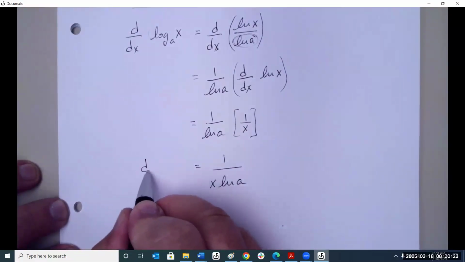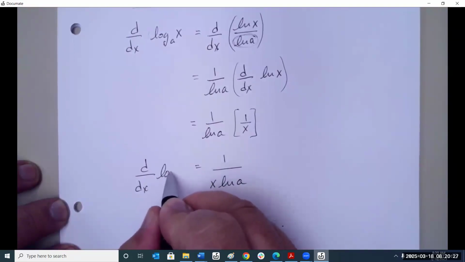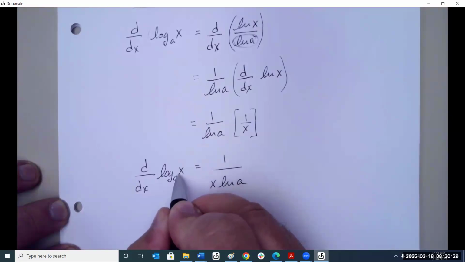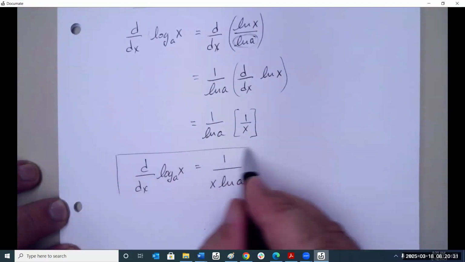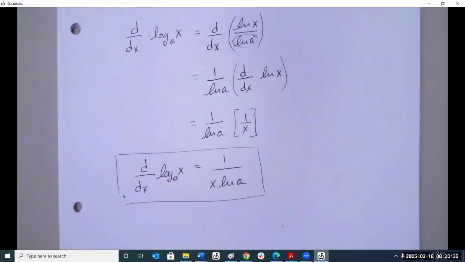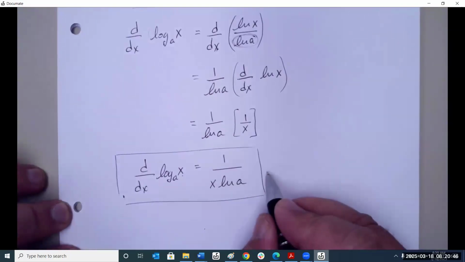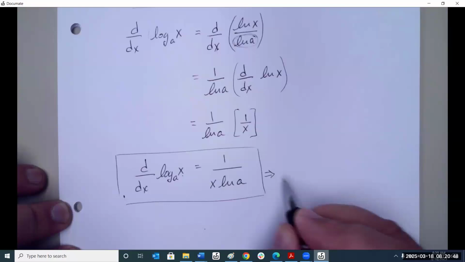That is the derivative of log base A of x. That's the formula we have to use from here on out for that. Again, this is when we deal with x. What if x is an equation?